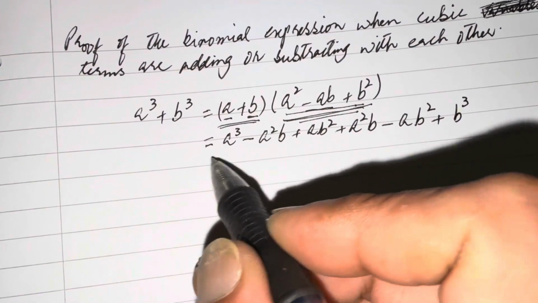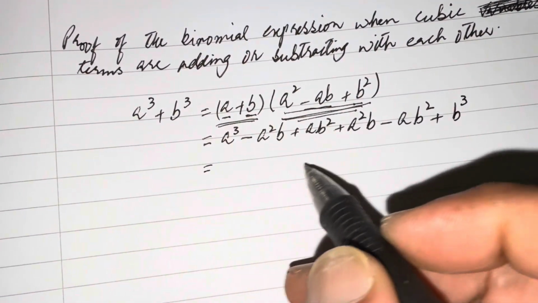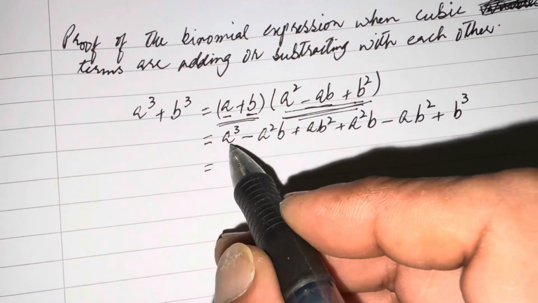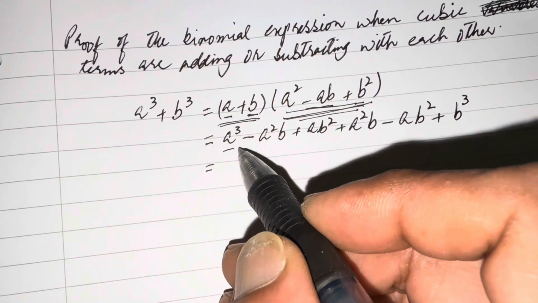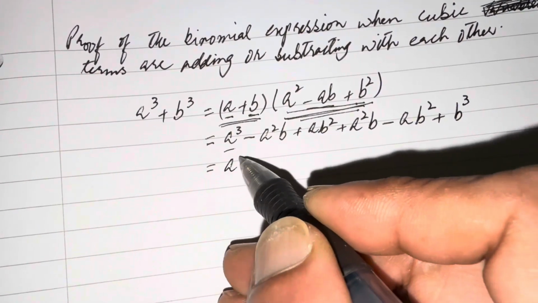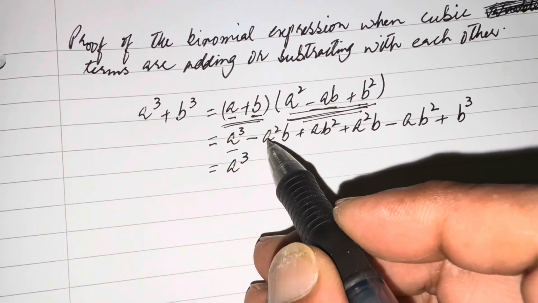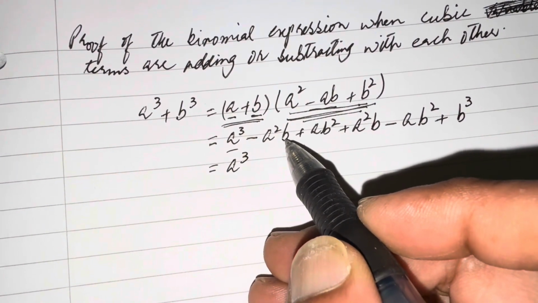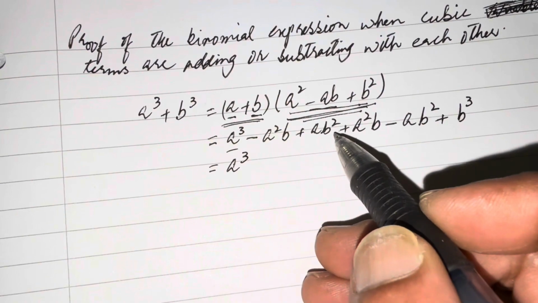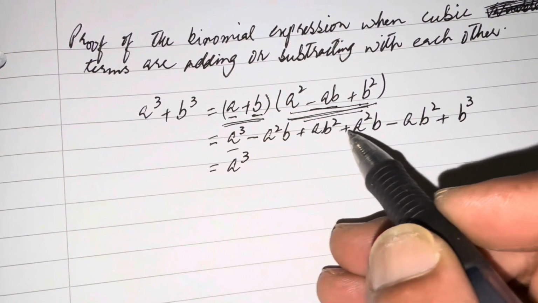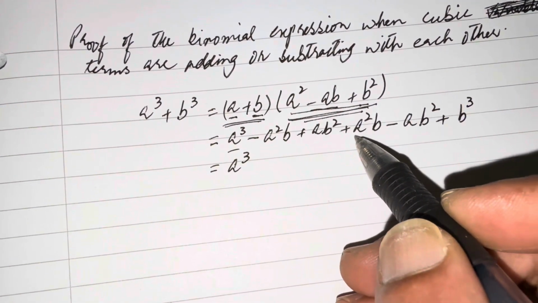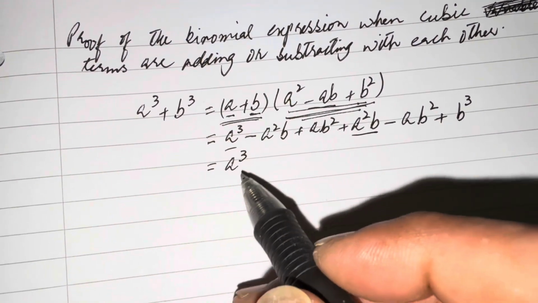So now we are going to simplify the expression. First, a cube, we will write it down the same way below. Then check the a square b; is there another a square b here? Yes, this one has come.